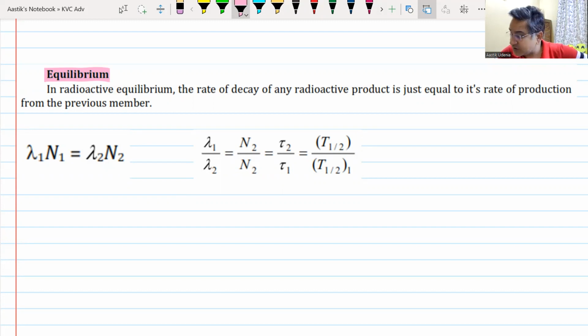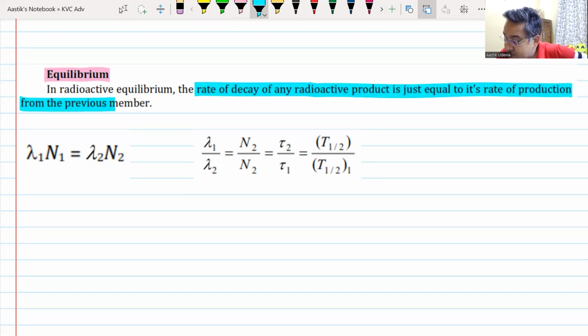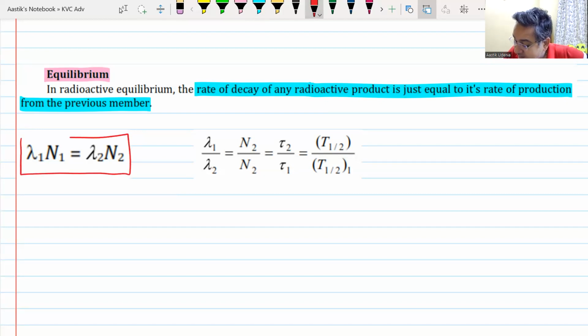If the rate of production of one radioactive nucleus is equal to its rate of decay, you will have an equilibrium, and the number of nuclei of that particular substance will remain the same. The equation will be lambda 1 into n1 equal to lambda 2 into n2.